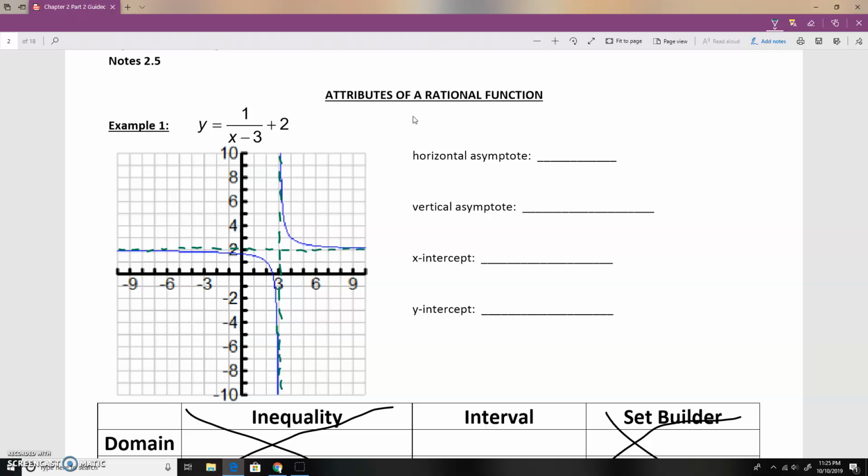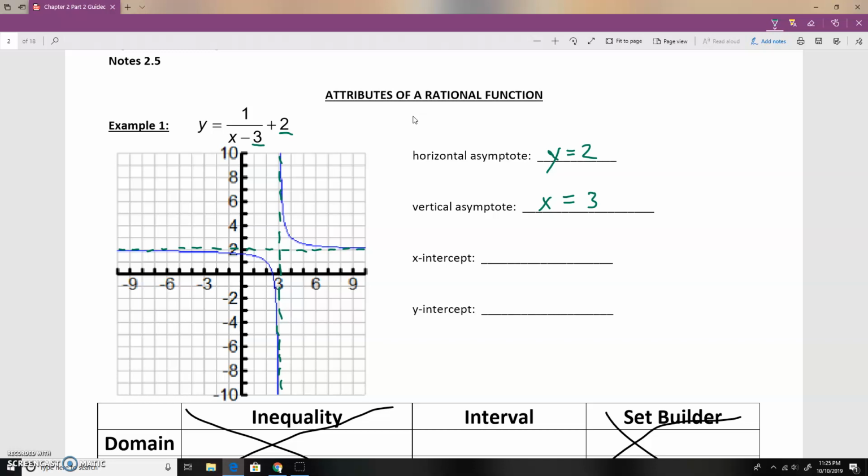So that horizontal asymptote again is found at y equals 2. And our vertical asymptote is found at x equals 3. You may notice that these numbers align with the c value and the d value here in our function.